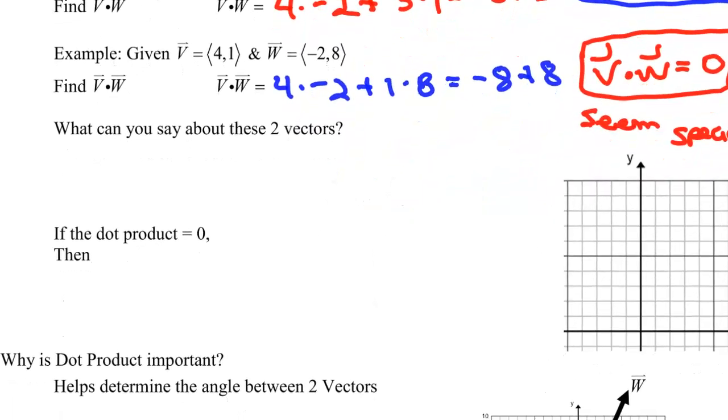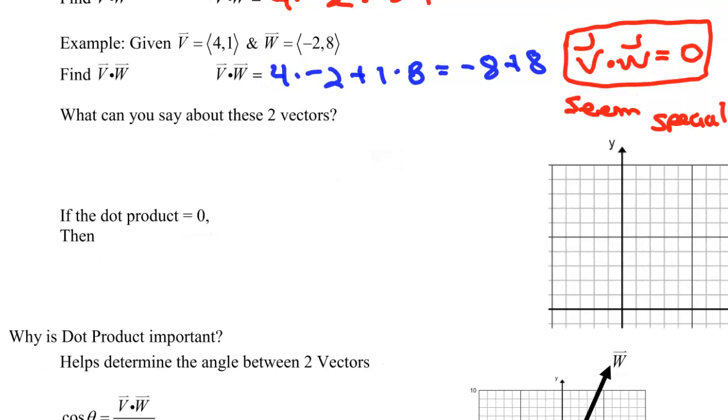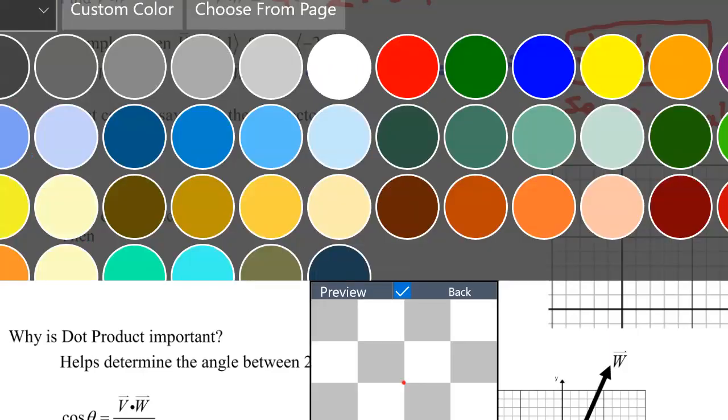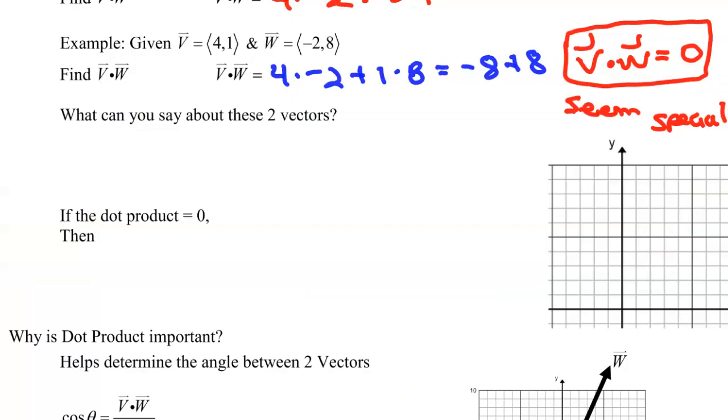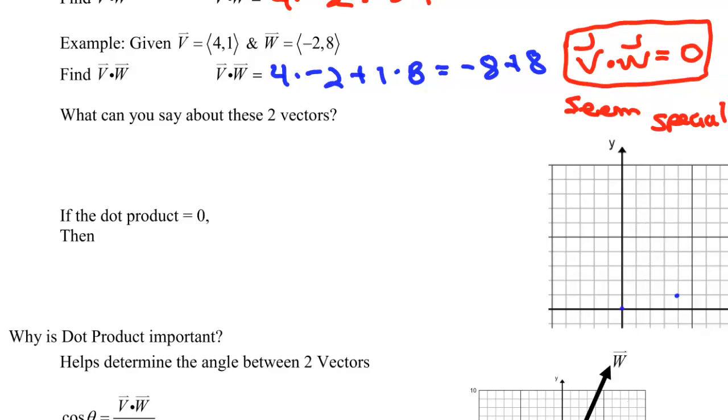Okay, I'm going to actually graph these two vectors. It's going to be harder for me because I can't really use a straight edge, but here's vector v, which is at 4, 1.